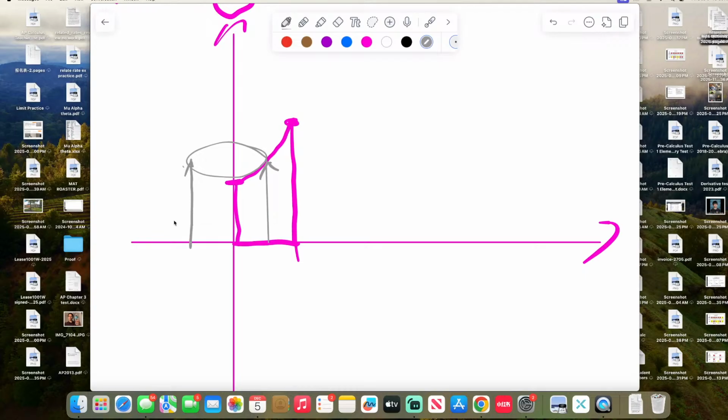And how do you find the gray line? Well, we are not even looking at a line, just look at a single dot.